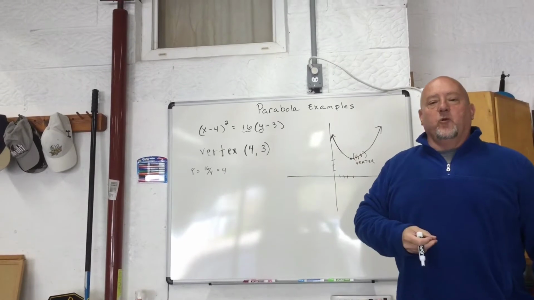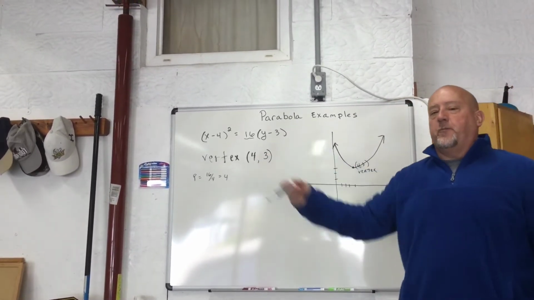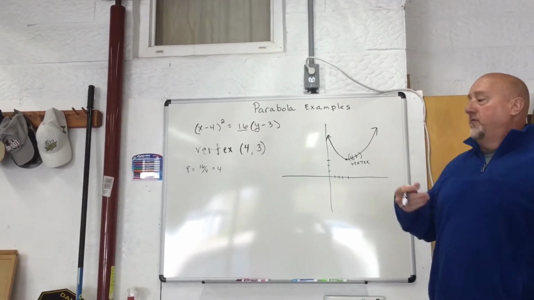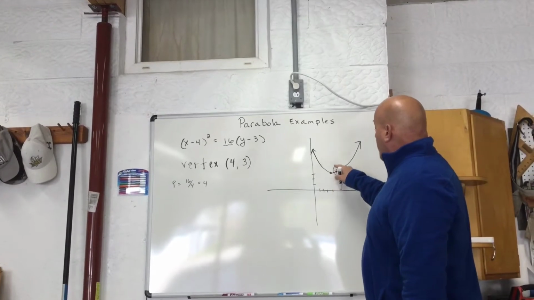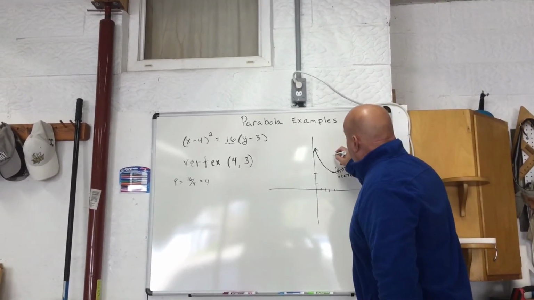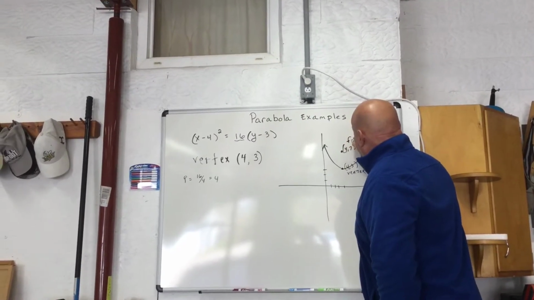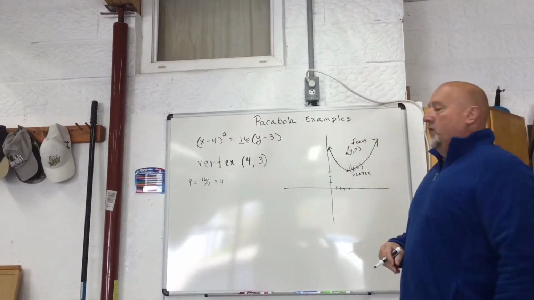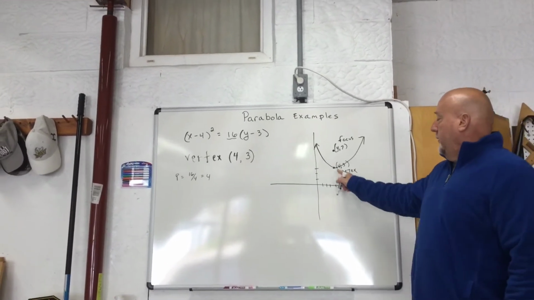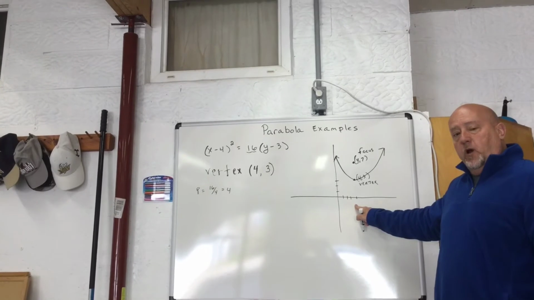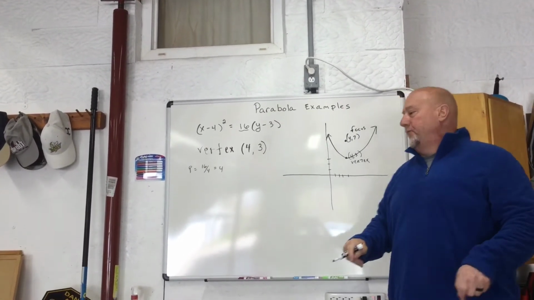What that means is I'm going to move 4 units from the vertex inside of the parabola to locate my focus. So if the vertex is at 4, 3, the focus is going to be at 4, 7. Okay? Again, if that p value had been a negative number, it would have moved the focus below the vertex, and it would make the parabola concave downward.